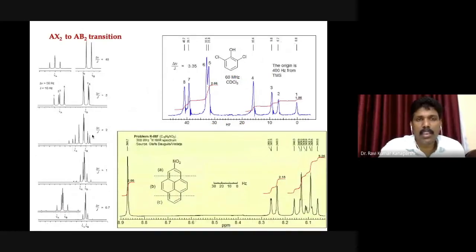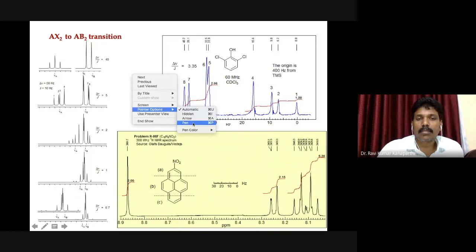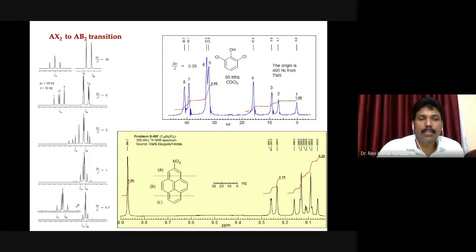Of course, AX2 can convert into AB2 if the difference in chemical shift value becomes comparable to J. Likewise, if the difference between A and X2 is decreasing, then this will make a transition to AB2, and it will become an AB2 spin system. So this is how the peaks transform into a new pattern.